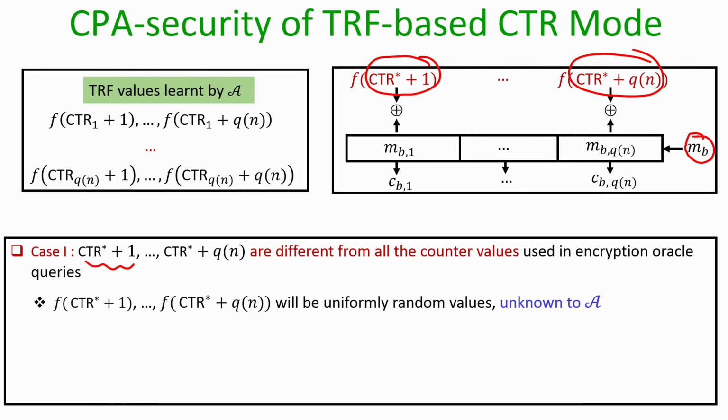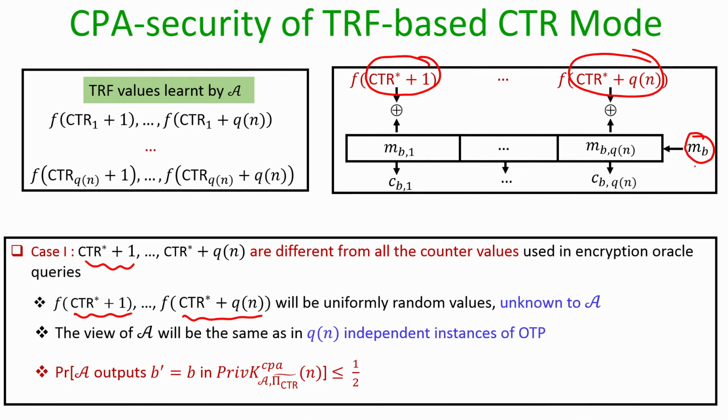So, since these counter values, counter star plus 1, counter star plus 2 and so on, are never repeated, from the viewpoint of any adversary, the value of the truly random function on these new inputs which have never been used will be truly random, because that is the property of a truly random function. That means the adversary does not know the pads which have been used to mask the blocks of the message MB.